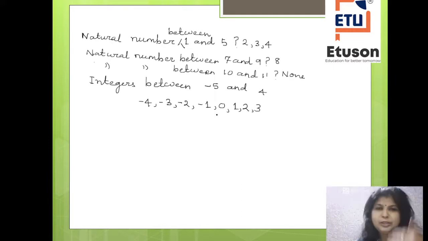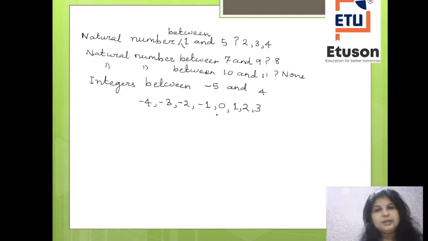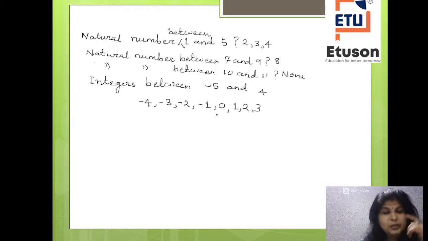For example, in the first question there were three natural numbers, in the second question there was one, in the third case there was none, and in case of integers there were seven numbers. So in all the cases, for natural numbers and integers, you have a definite number in between the two numbers.